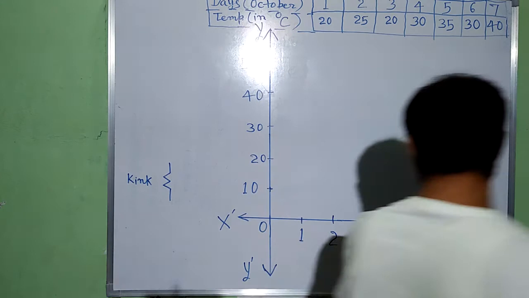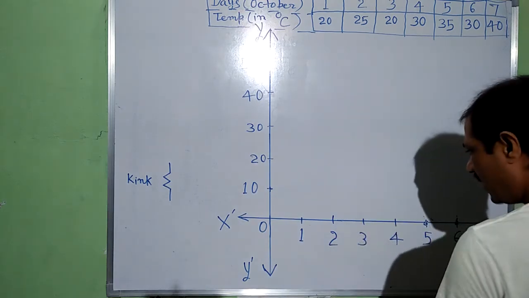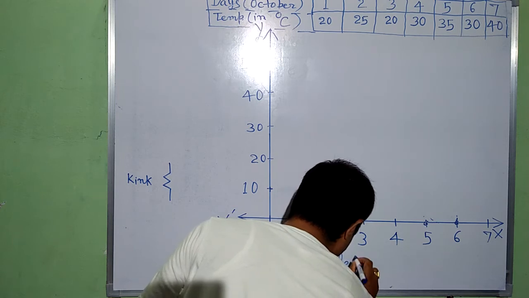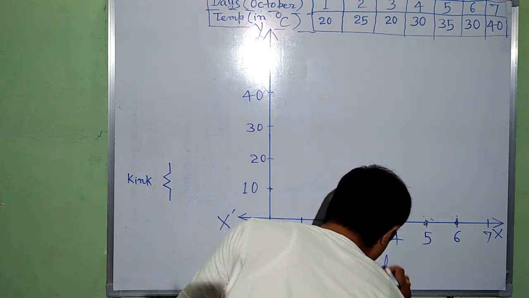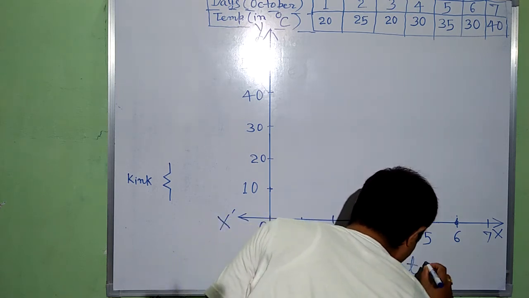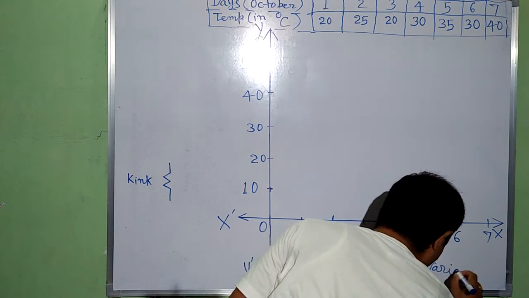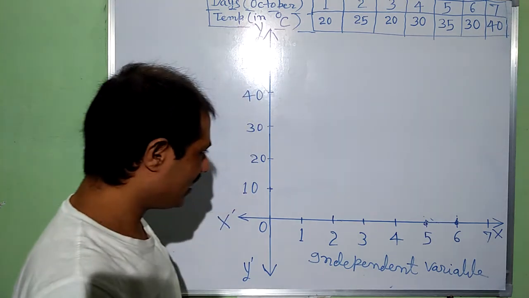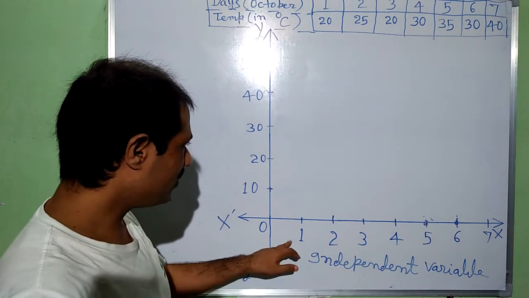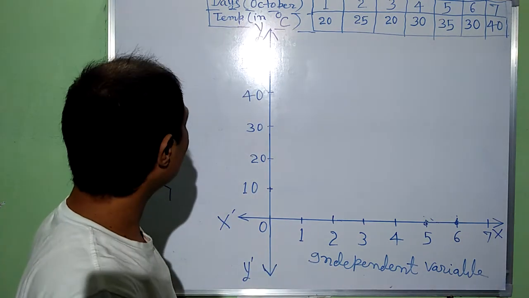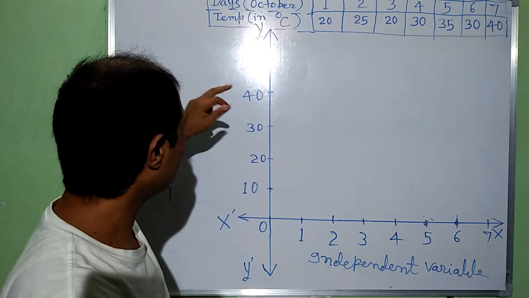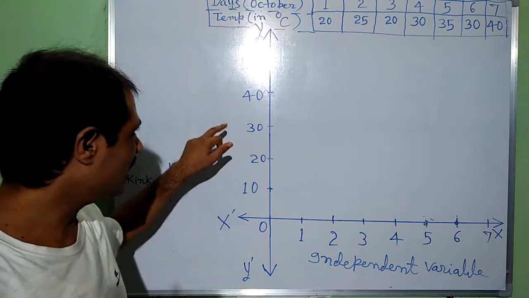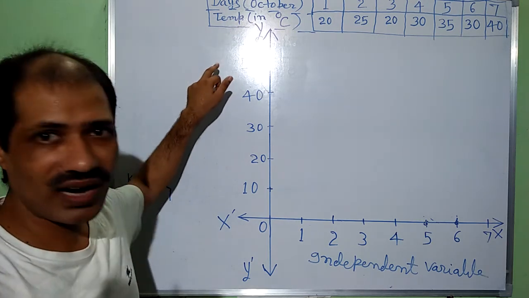The independent variable will be shown on the x-axis, whereas the dependent variable will be shown on the y-axis, or y-coordinate, or ordinate.